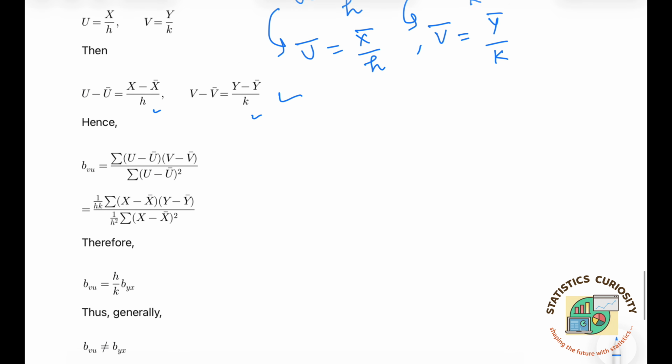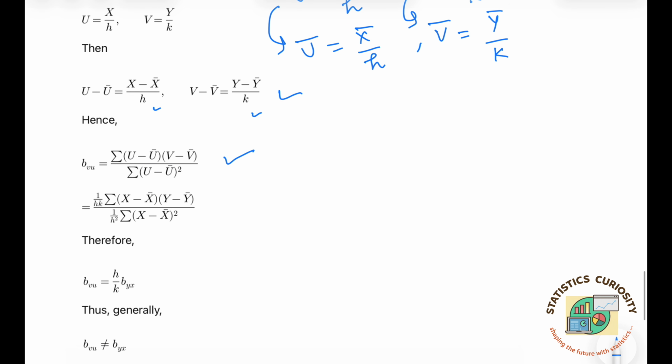Now your regression coefficient bvu is summation of (u minus u bar)(v minus v bar) upon summation of (u minus u bar) whole square. If you substitute these values of u minus u bar and v minus v bar over here, you will get 1 upon hk summation of (x minus x bar)(y minus y bar) upon 1 upon h square summation of (x minus x bar) square.